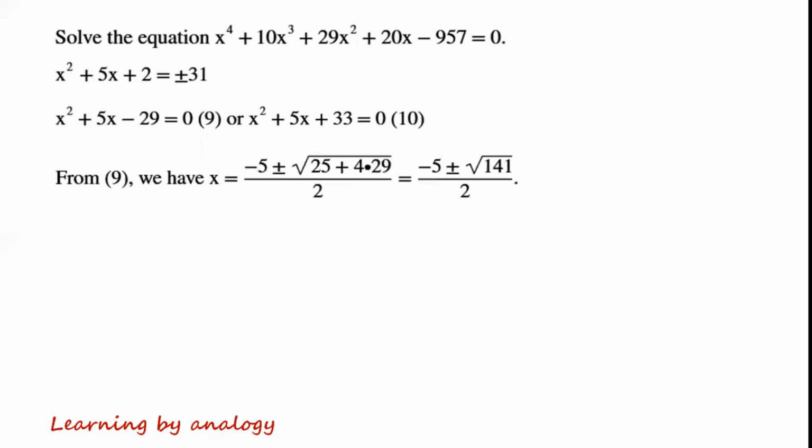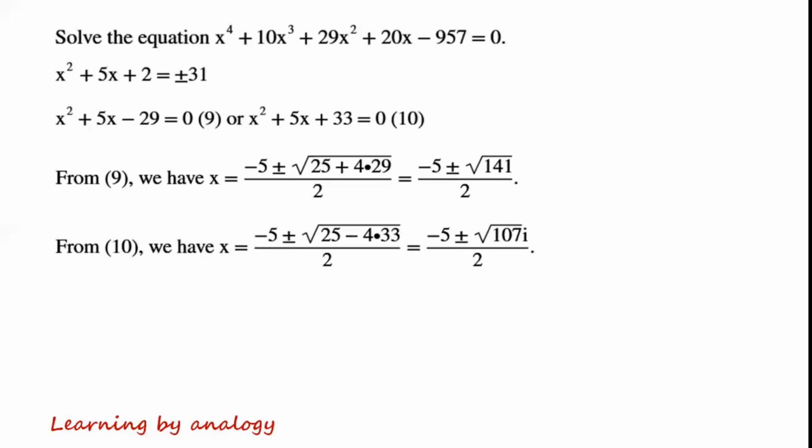From equation 9, we have x equals minus 5 plus or minus root of (25 plus 4 times 29), over 2, which simplifies to minus 5 plus or minus root of 141, over 2.